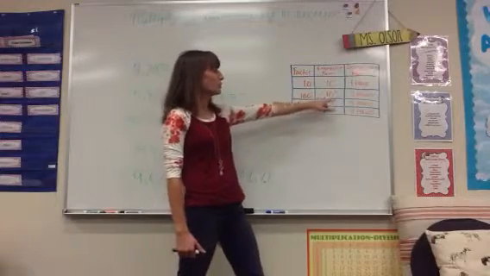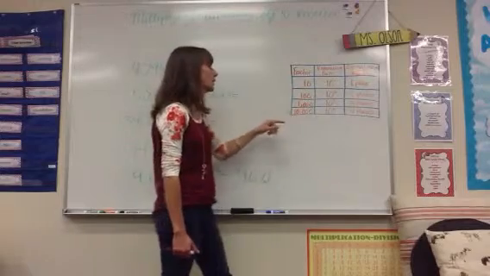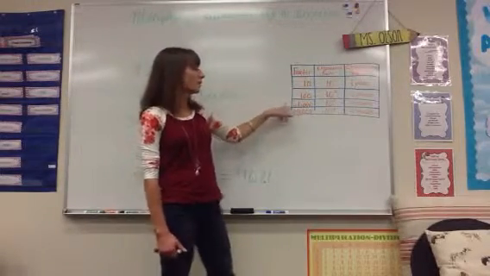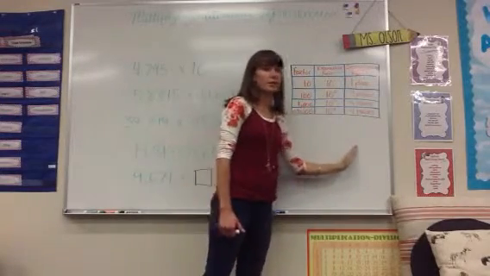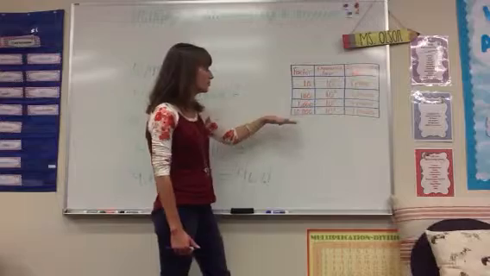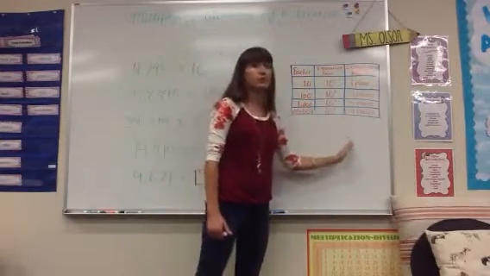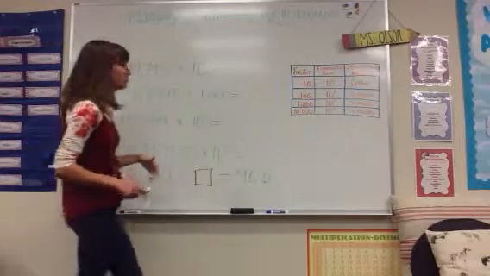You move the decimal to the right two places. If you multiply a decimal number by 1,000, or 10 to the third power, you move the decimal to the right three places. Same thing for 10,000. It's 10 to the fourth power, so you move the decimal four places to the right. Alright, got it? Let's get started.